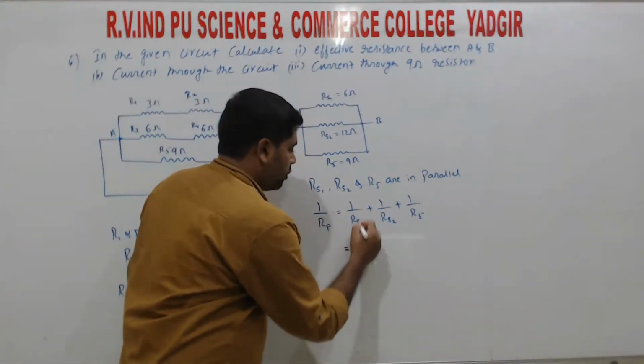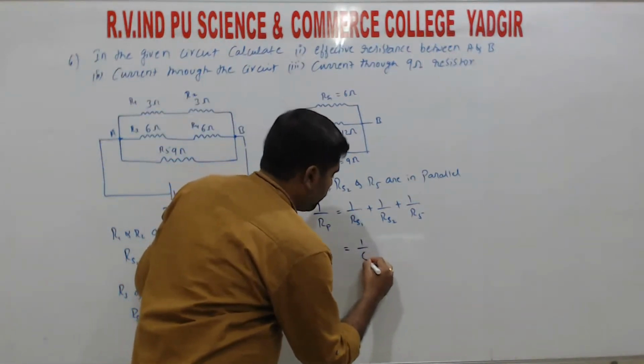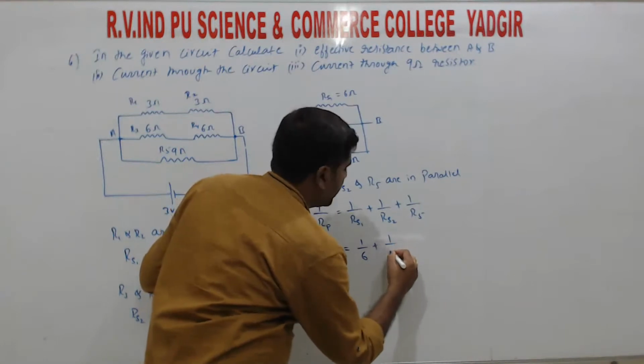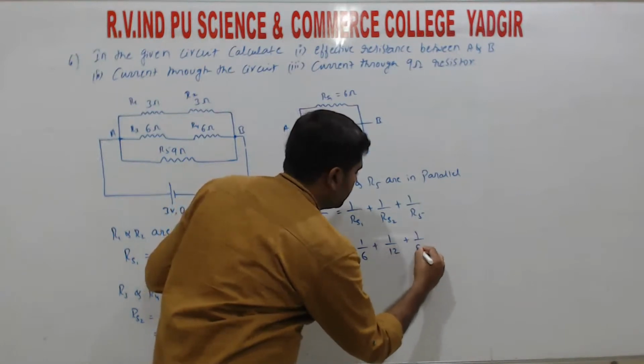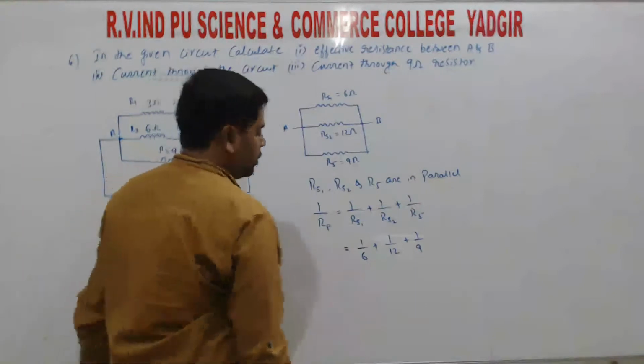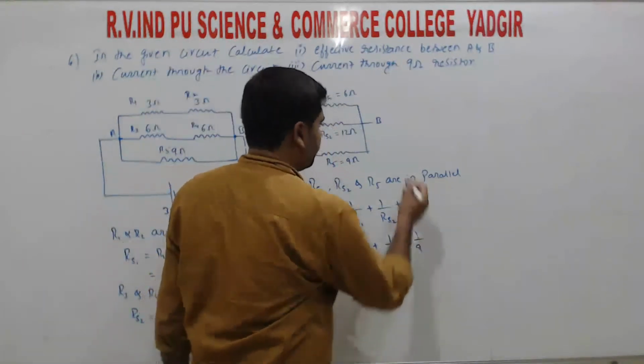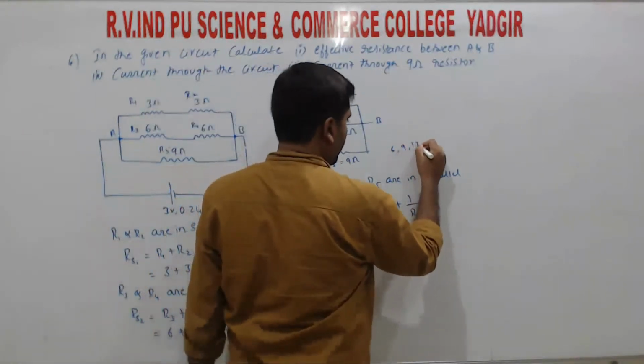So 1 divided by Rs1 is 1 by 6 plus 1 by 12 plus 1 by 9, right? So if we take the LCM here of 6, 9, 12.